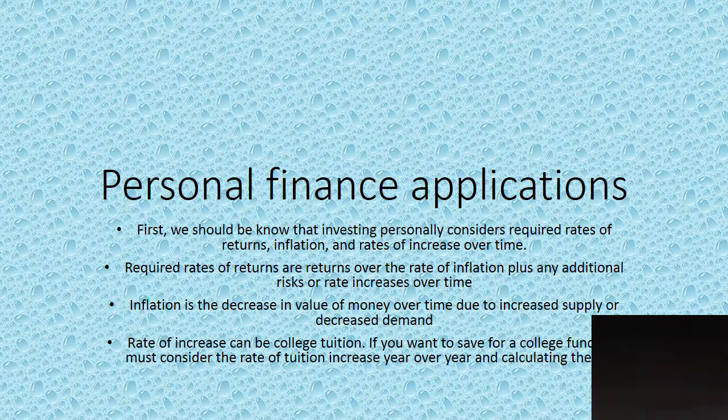So for instance, if you want to find the EAR of 5% compounded monthly, you would take 1 plus your interest rate divided by 12, raise that to the 12th power, subtract 1 from it, and then convert that to a percentage, and you've got the true rate of interest that you're actually paying on a product or something like that.